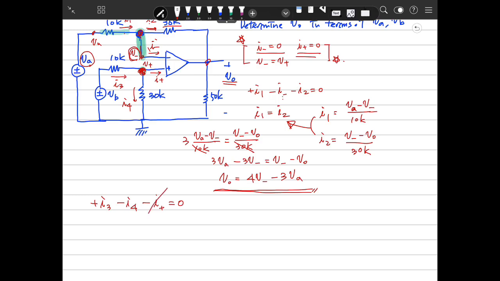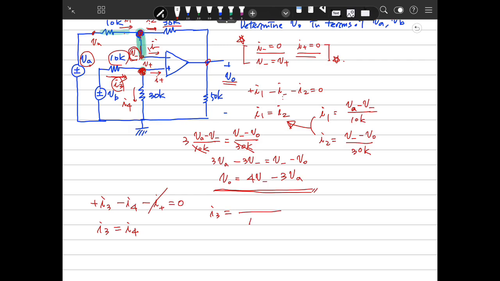Because I plus is 0, we can ignore it, so I3 is the same as I4. Then we need to get I3. What is I3? I3 is the current from here to here.